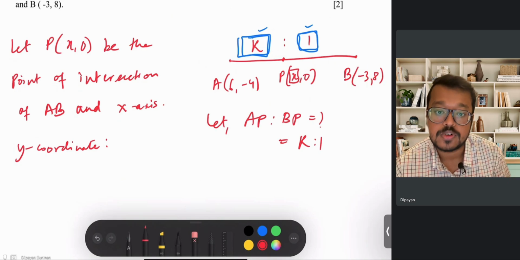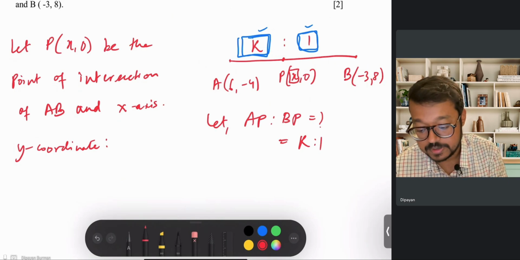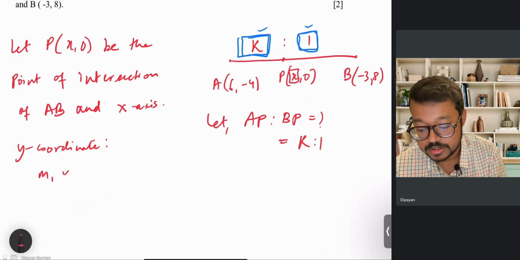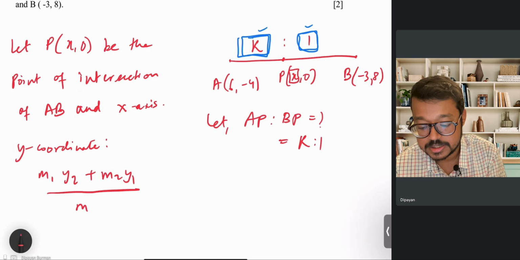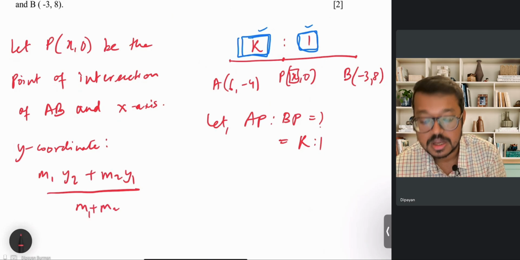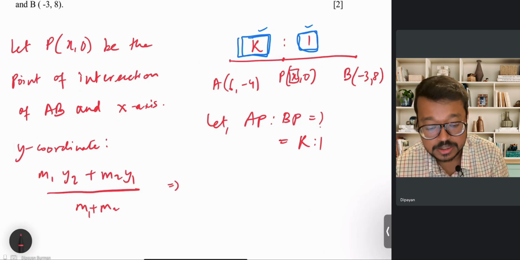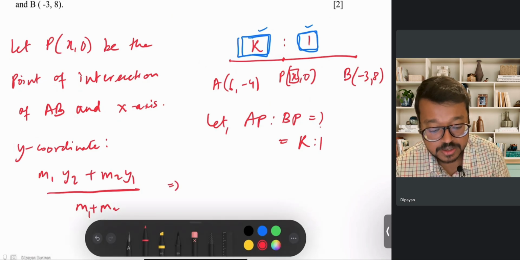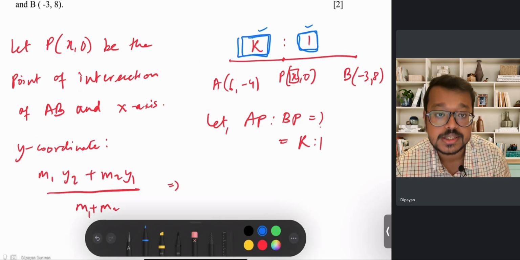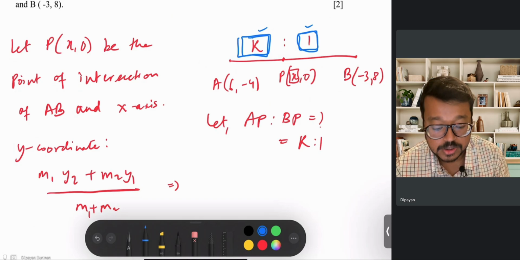There is a similar formula for the y coordinate. We will have (m1 y2 + m2 y1) divided by (m1 + m2). This will give me the y coordinate of the point in between. So I already know the y coordinates of the two endpoints and even the point in between.